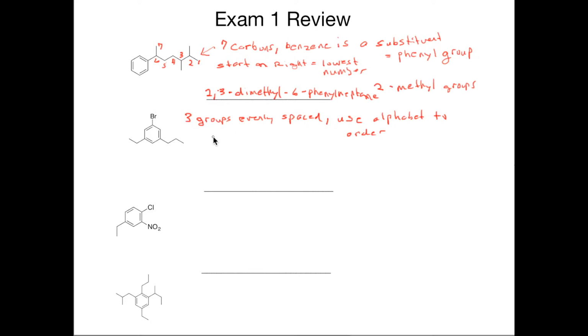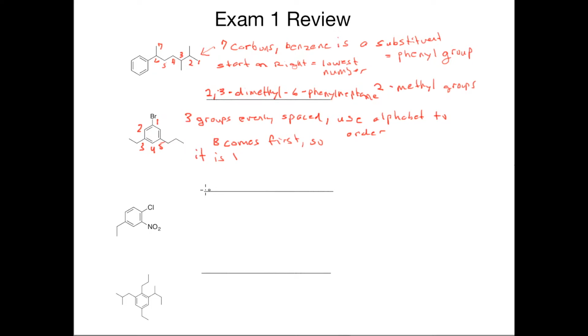So I'm going to start numbering at the bromine and go to the left so that I would have a 3 on the ethyl group. So 1, 2, and 3 here. And then propyl is going to be number 5.